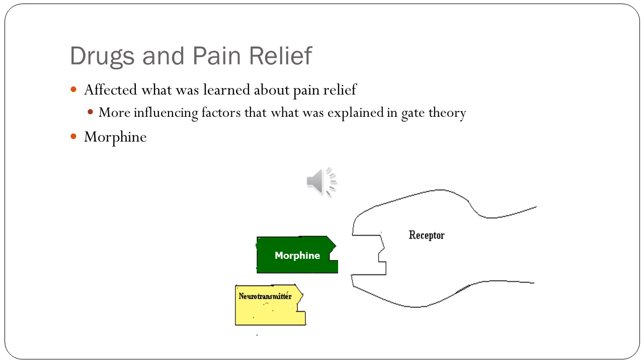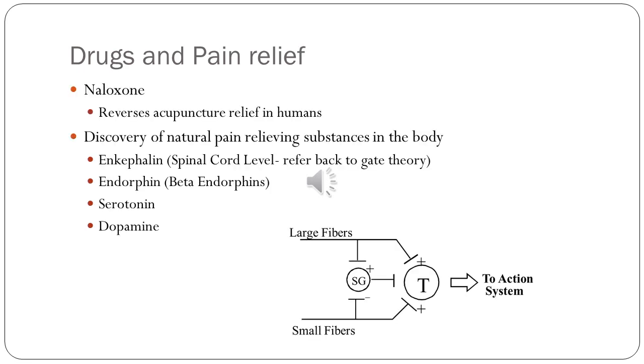Now that also brings us to some other ideas, besides using drugs and the gate theory for pain relief, because we know of certain chemicals in the body that can be utilized for the same purpose. Research has led us in a lot of different directions, and in studies, scientists have used a substance called naloxone, which they found reverses a lot of the pain relief in humans.